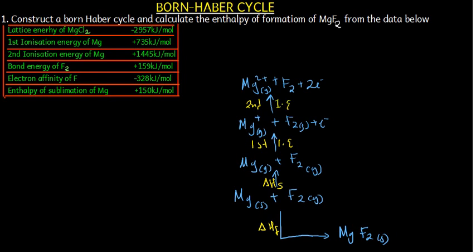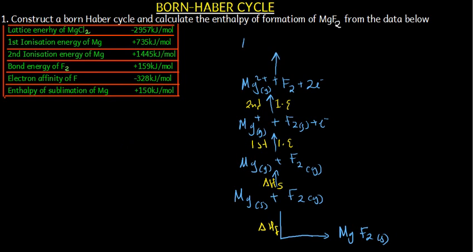Now after this happens, what you are going to see is fluorine can't react in the state in which it is, as F2 gas. So the bond between the fluorine atoms is supposed to be broken. And so we are going to break that bond for the reaction to happen. So we continue going.